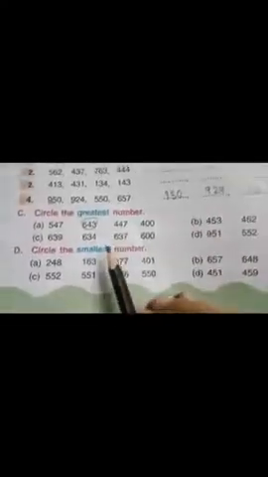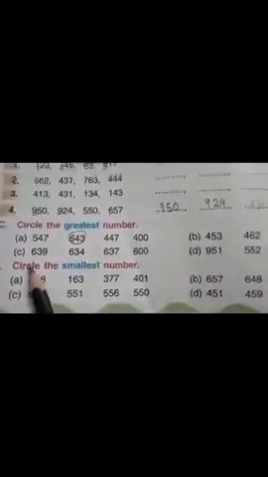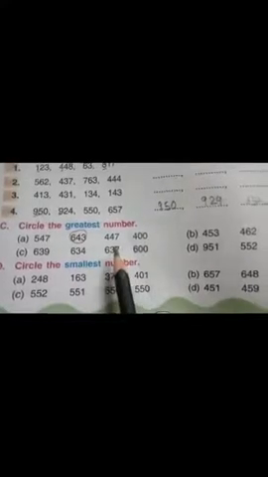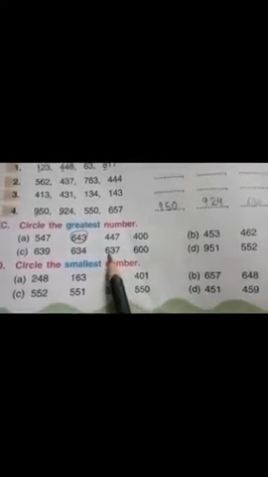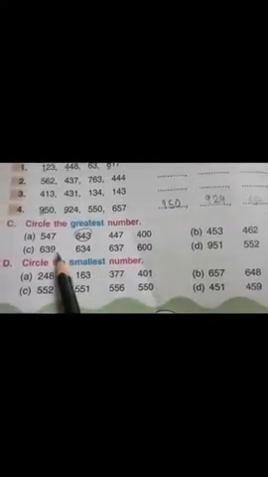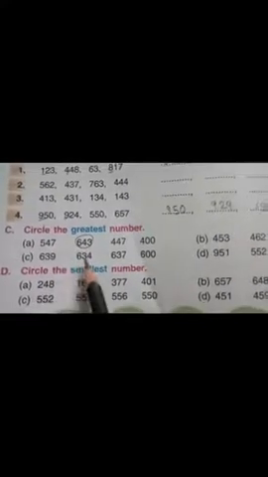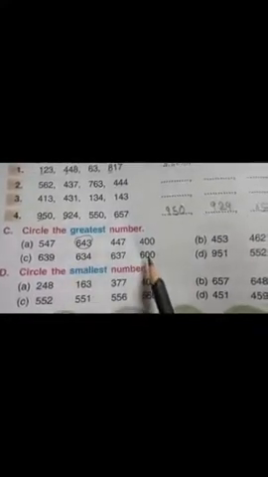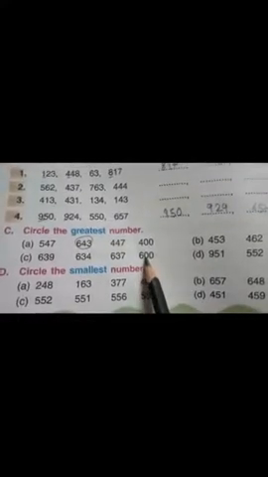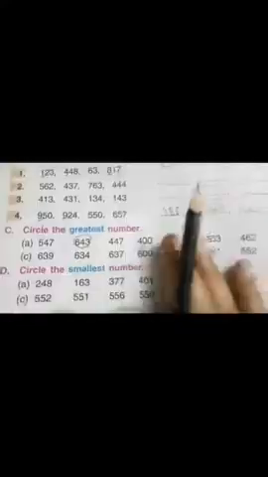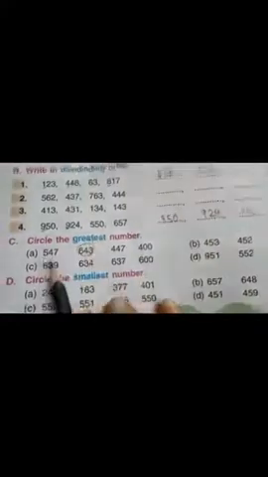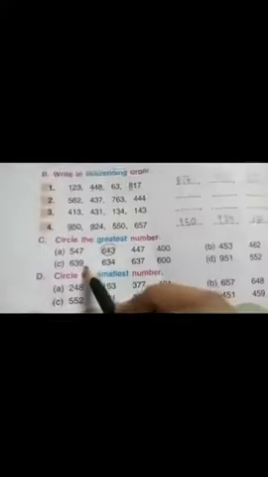In the same manner, now in this question, it is a little bit confusing. 600, 637, 634, 639. So all are 6. So we will look at the tens place. This is 0, 3, 3, 3. Now leave this. Now in between these 3, 9, 4 and 7. So 9 will be greatest. So 639 is the greatest number.